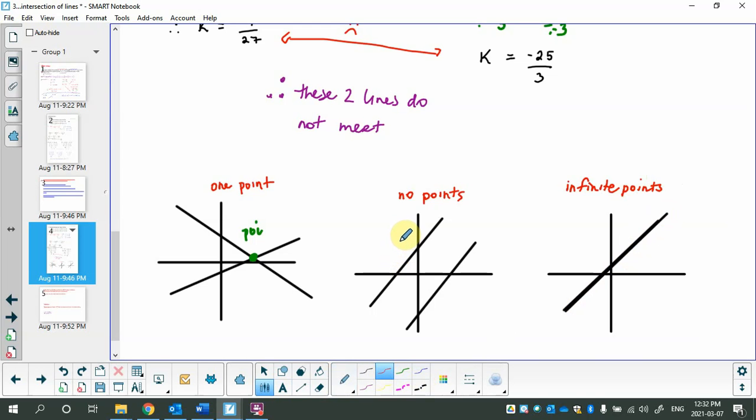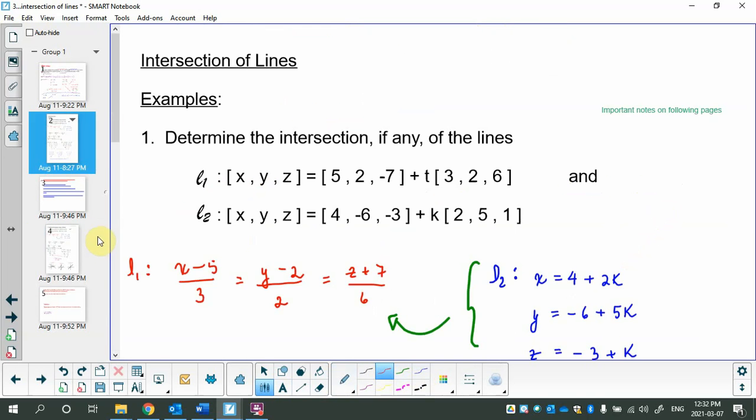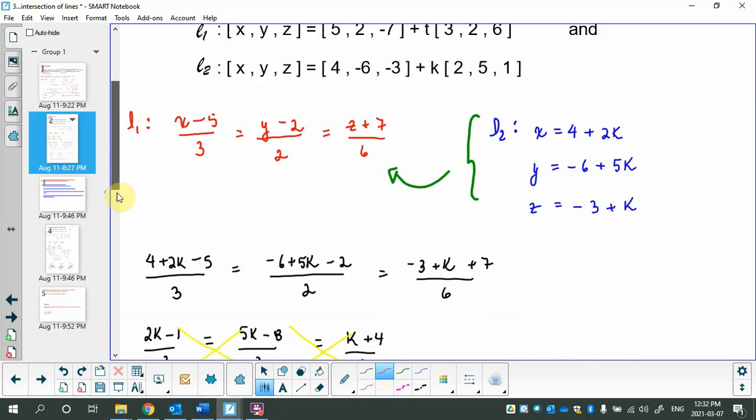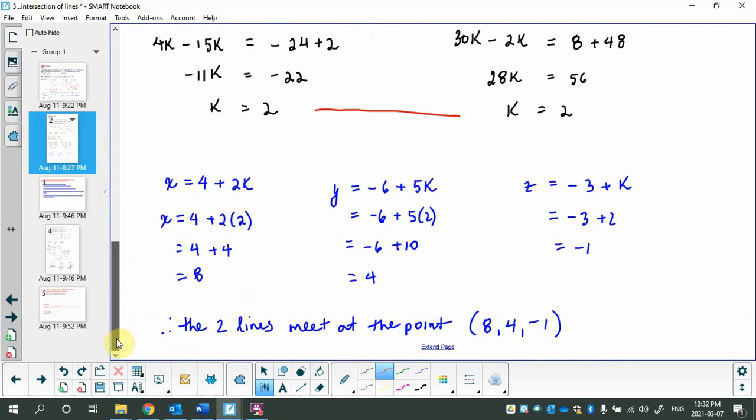But this is three-space. So our first example was three-dimensional space where the lines bumped into each other in a three-dimensional point. So in 3D, a point, 8, 4, -1.